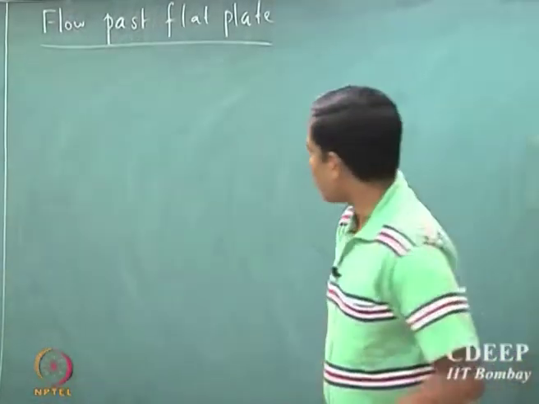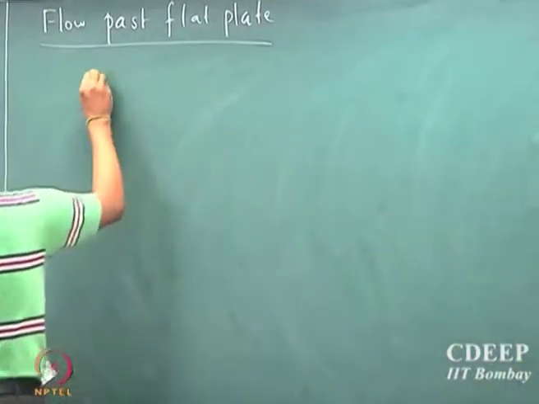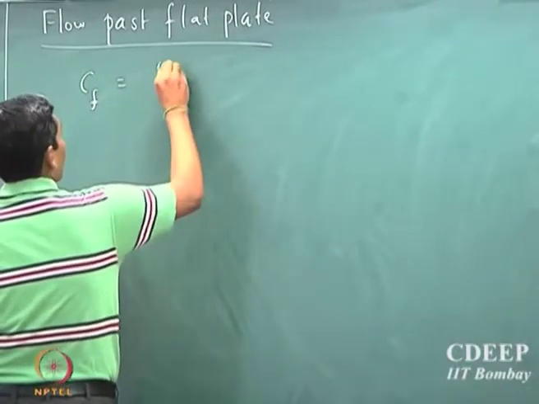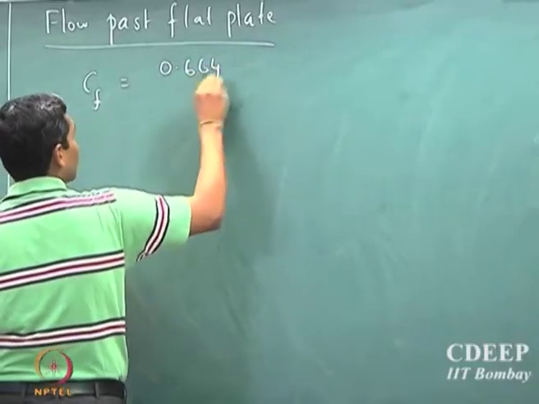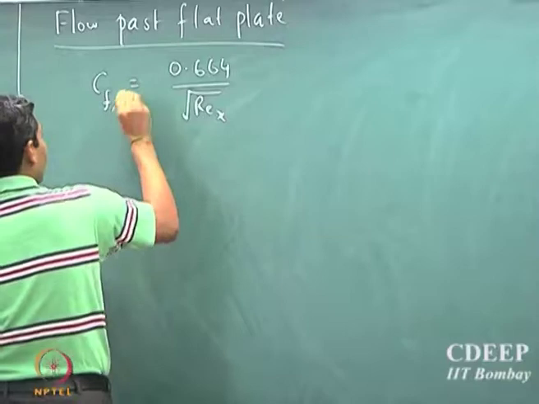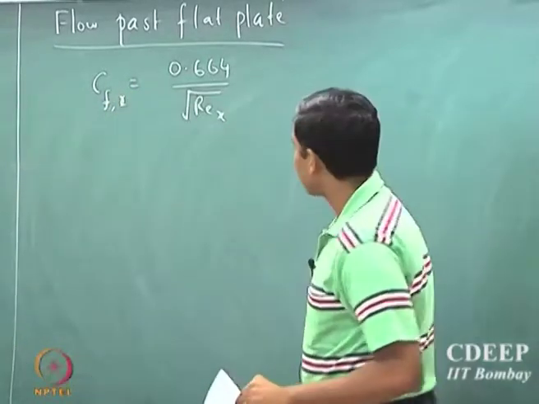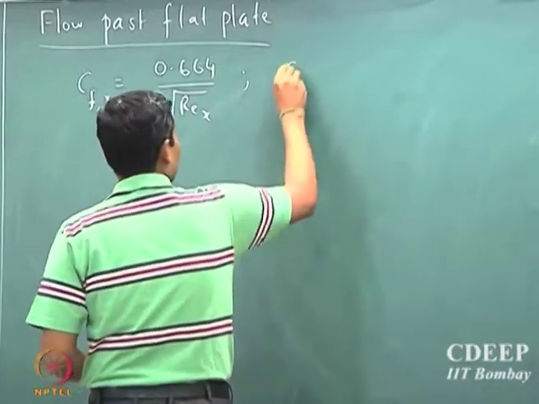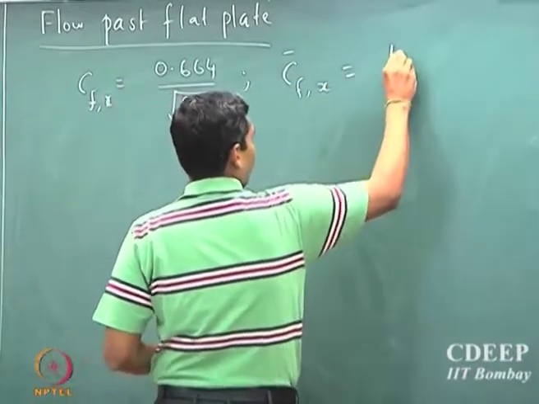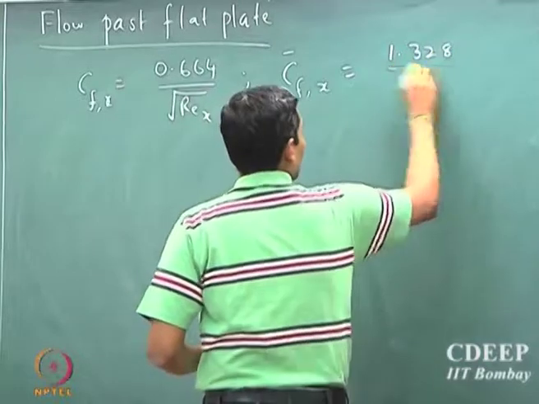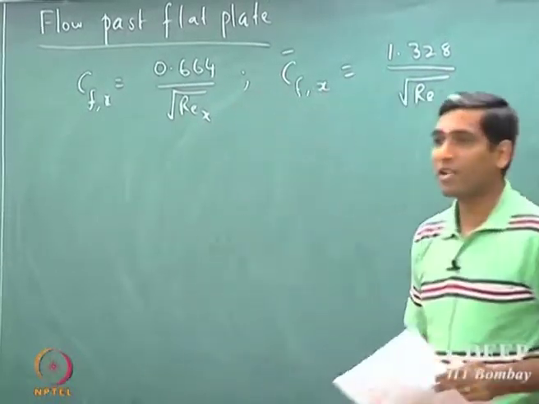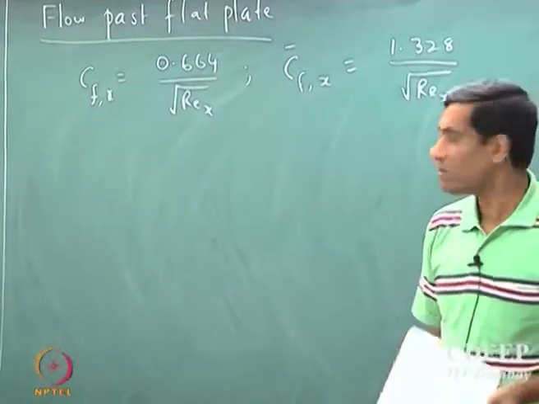Okay. So we showed that the friction coefficient is given by 0.664 divided by the square root of Reynolds number, local Reynolds number, and we also said that the average friction coefficient is given by 1 average friction coefficient till that location.